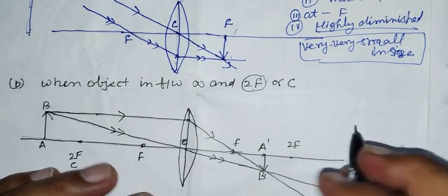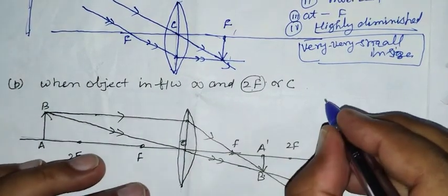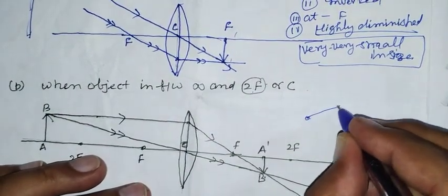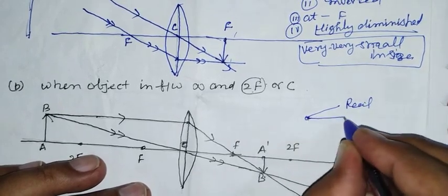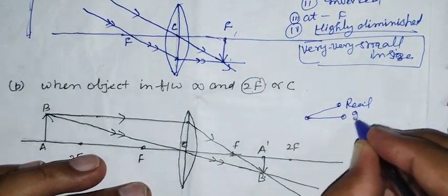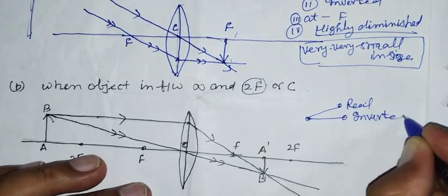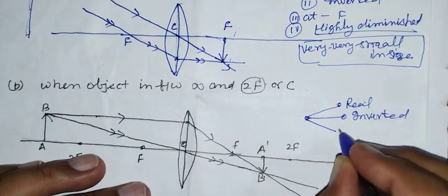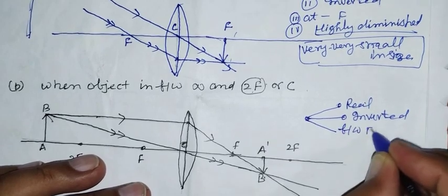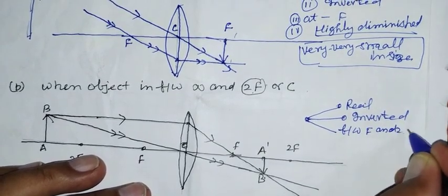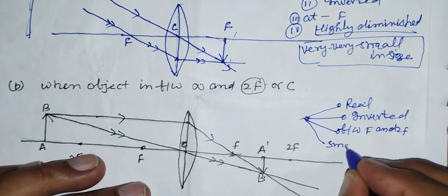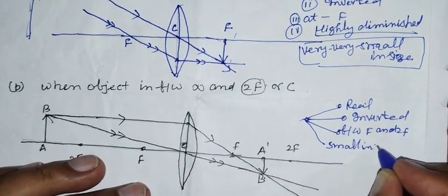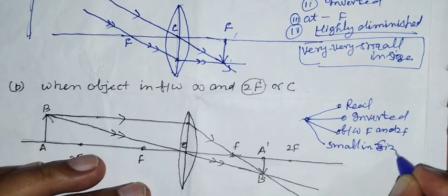Here in this case, just like the previous one, the four characteristics are: real, inverted, third, between F and 2F, and small in size.